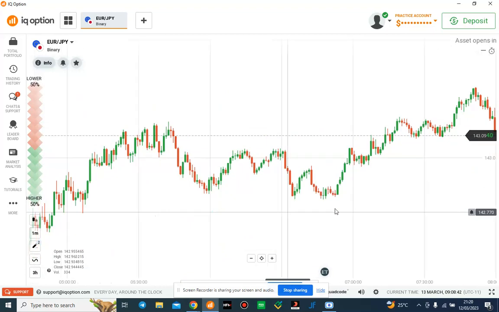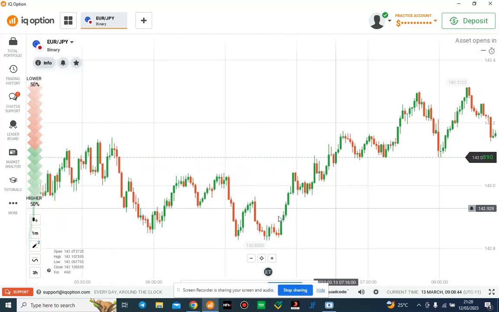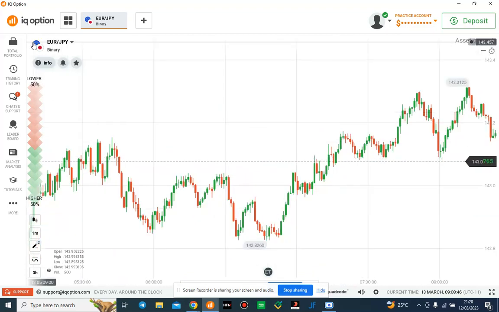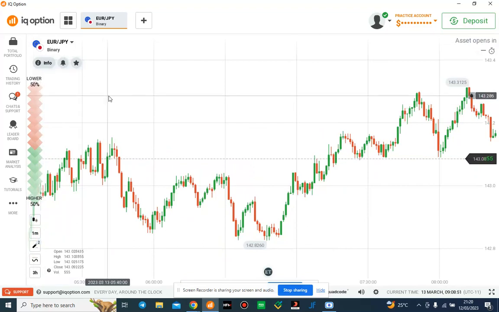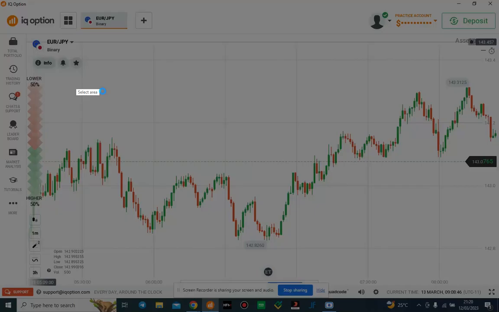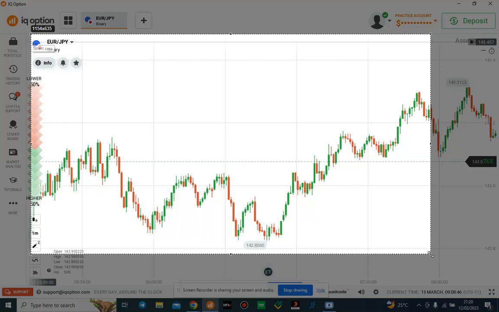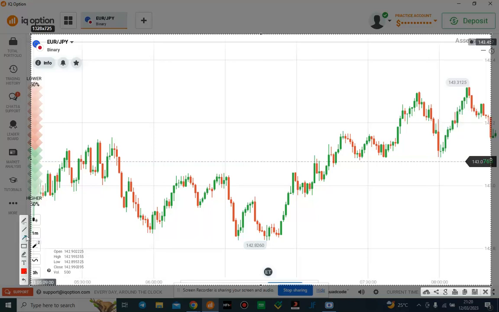Okay, so if you look at the chart now, I see so many things occur here. I see that a red candle changes to green, red changes, up, down, down, up, down, up.